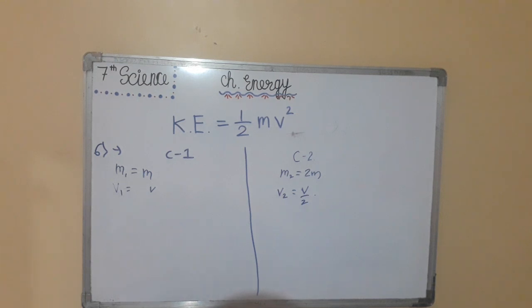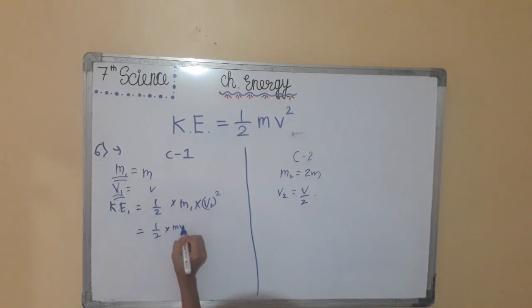And kinetic energy 1 will be equal to half into m1, mass 1, into velocity 1 square. In the first case it remains half into mv square.